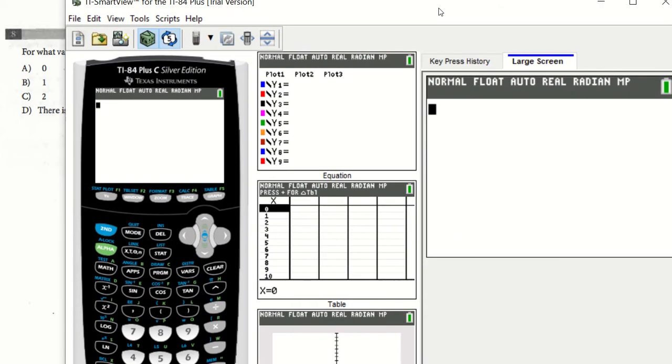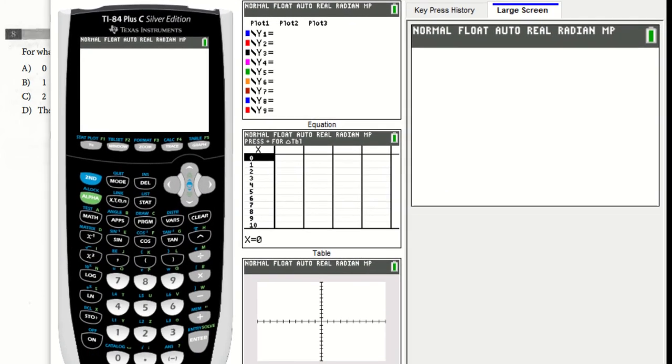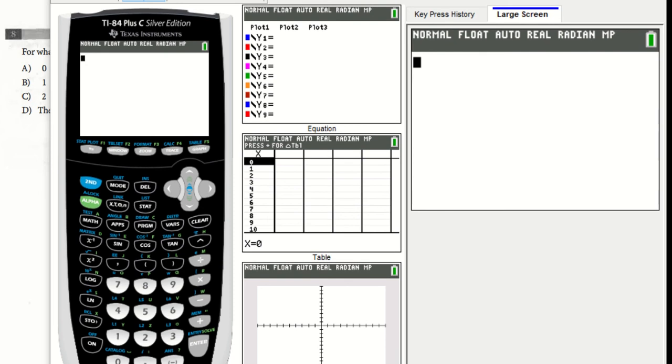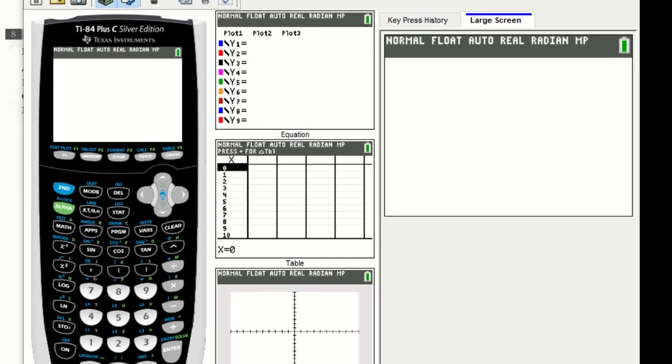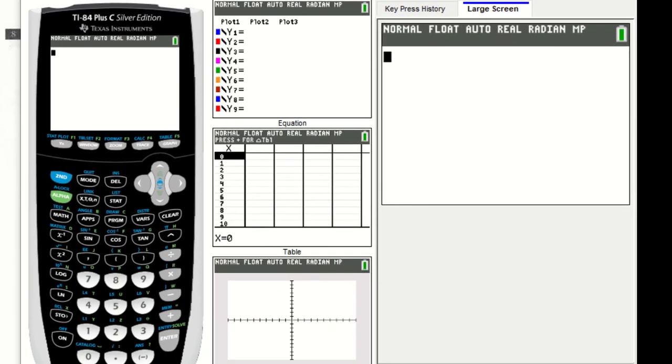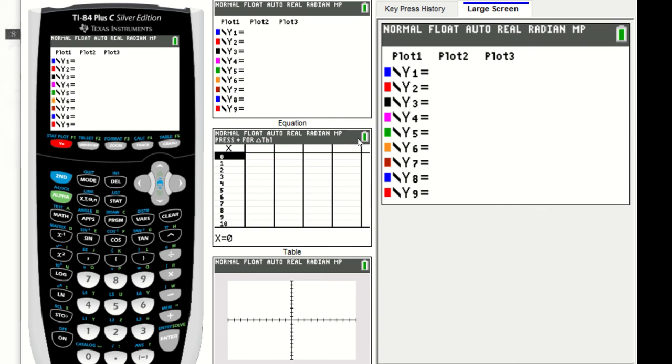So I'm pulling this graphing calculator onto the screen. And what we'll do is graph the function absolute value of x minus 1 plus 1, and we'll see if it's ever equal to 0. So you'll go to Y equals and start typing in.